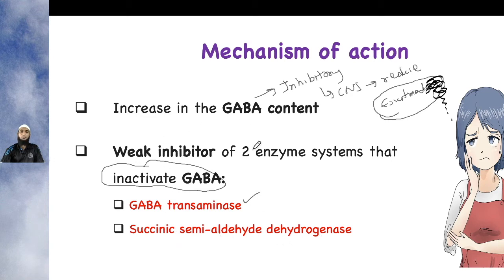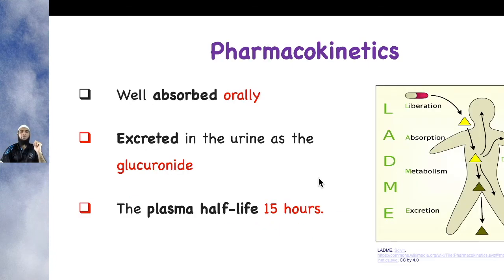Since it is a weak inhibitor of these two enzyme systems, it does not convert GABA into its metabolite. As a result, there is an increase in the level of GABA, which produces inhibition of the central nervous system, reduces the excitement and controls the seizures which are associated with convulsion. So this is how Valproate acts as an anticonvulsant drug.